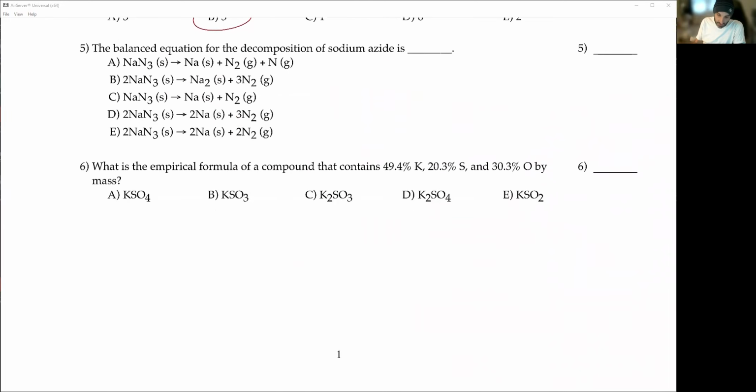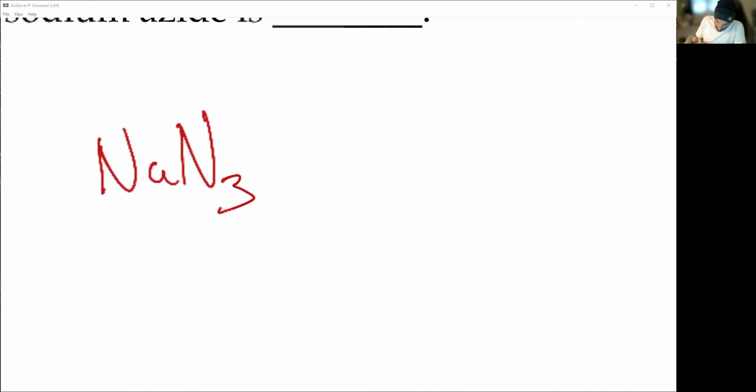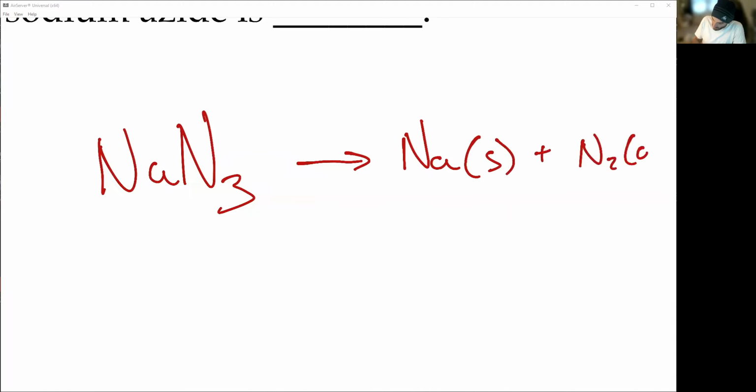Okay, so just balancing chemical equations. So let's take a look at this next one. Sodium azide, we don't even have to actually look at the answers until we balance it. We figure out sodium azide because they're all the same. NaN3, you don't need to know what it is because every single reactant is the same. So if we're going to balance this out, we're going to end up with sodium solid plus N2 gas.